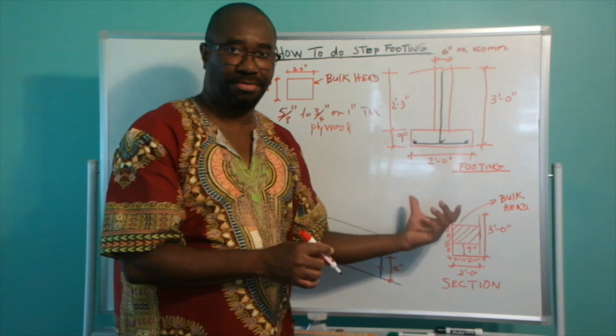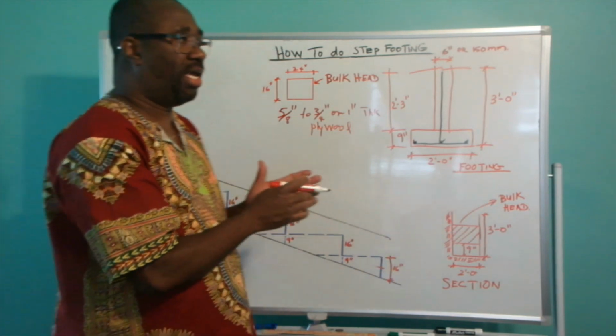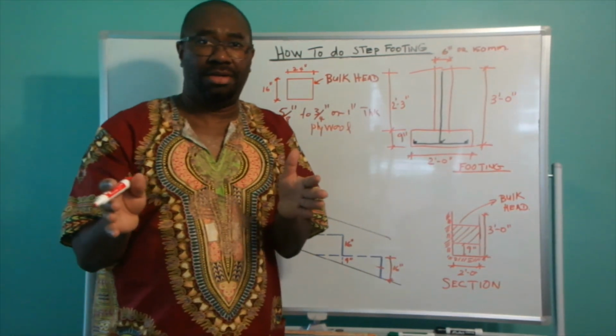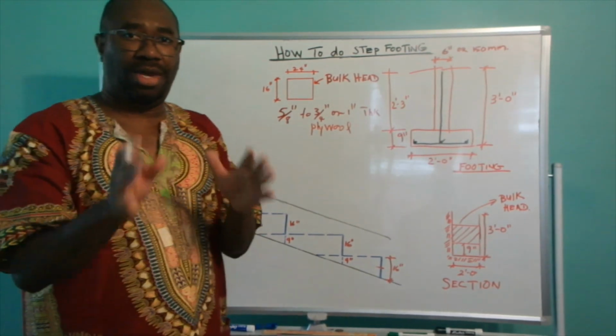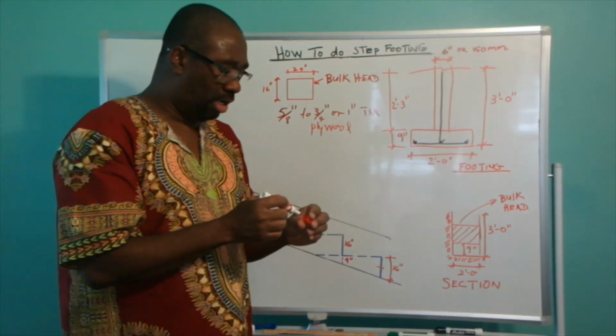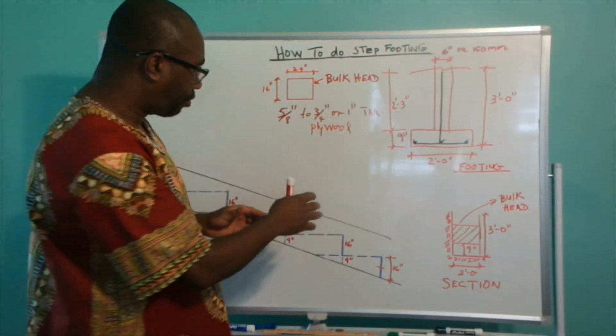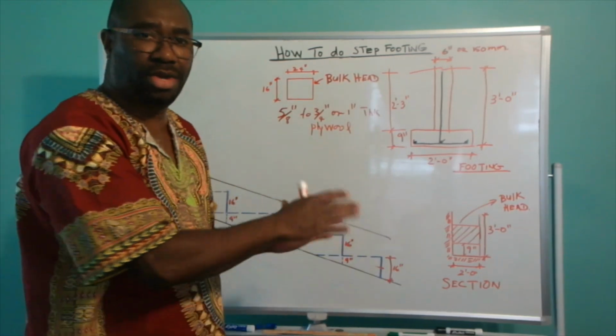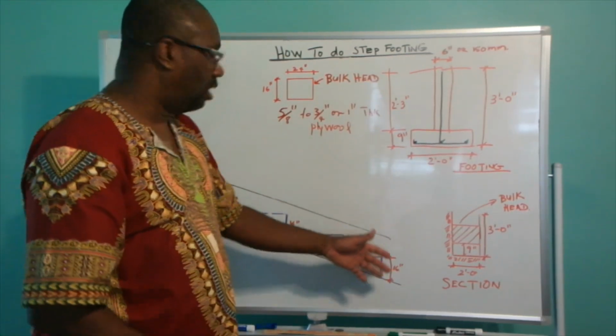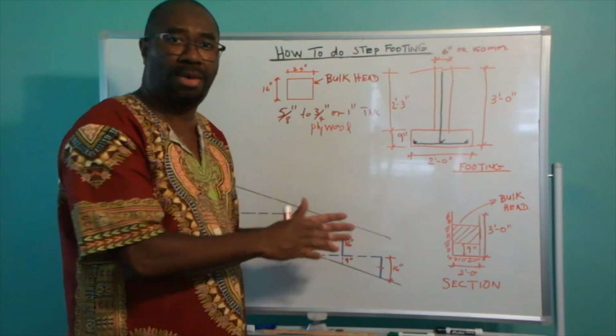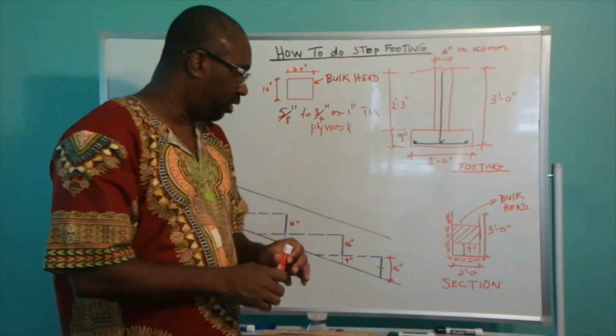It is 2 feet, right? So whatever the width of your foundation, that is supposed to be the width of your bulkhead. So let me get into the presentation now of telling you how to go about stepping your foundation.